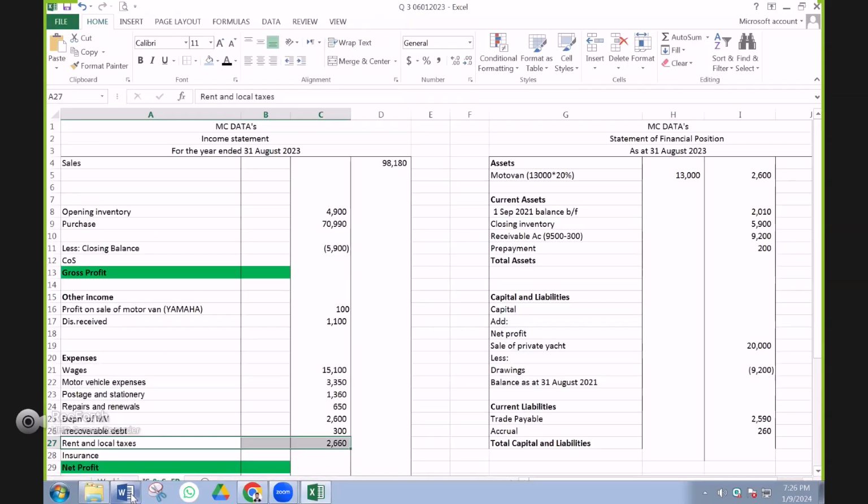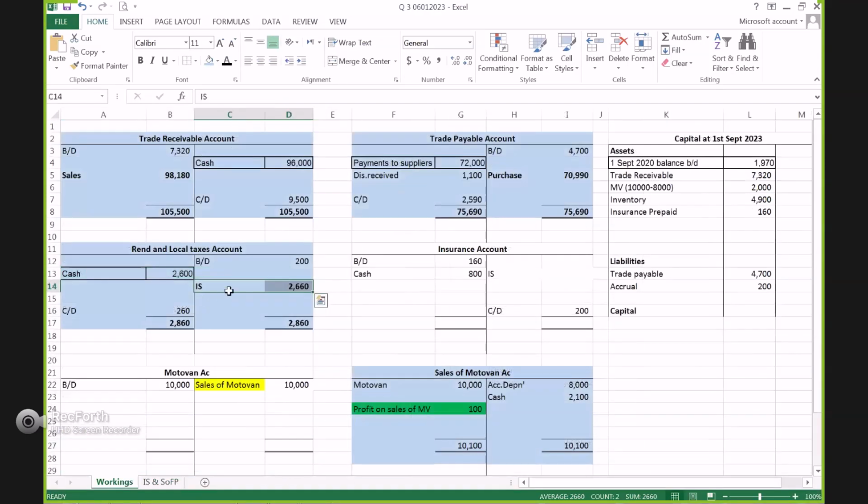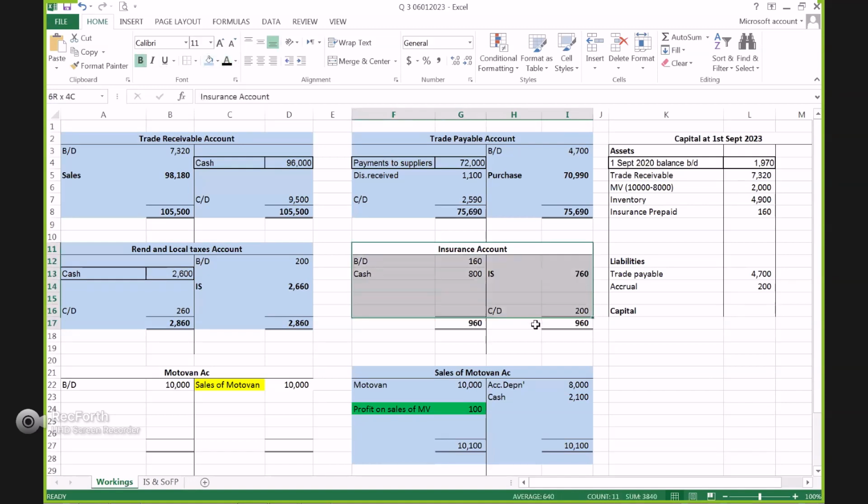And also the next one, insurance. So insurance is also done. The opening, closing balance and cash are done, and also the balancing figure is transferred to the income statement. So the income statement 760. So 760 is the closing balance.